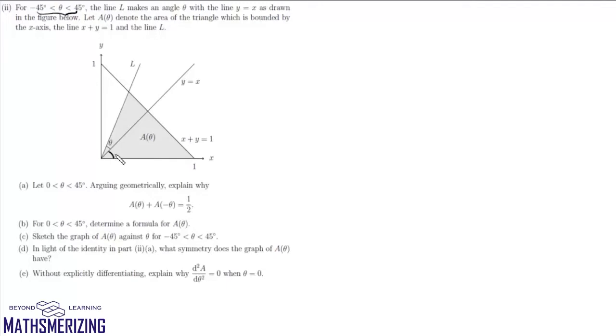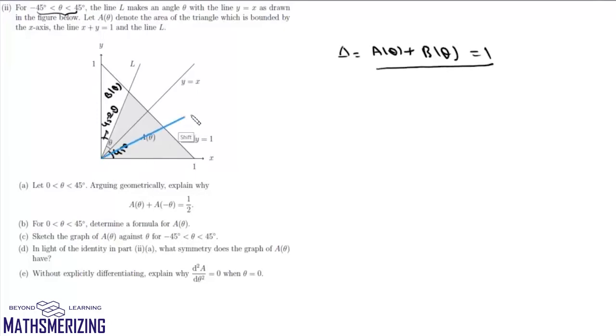Now this angle is 45 and this angle will be 45 minus theta. Now we'll write the area of this triangle. Area of this triangle will be A(theta) plus this area, and this area is suppose B(theta). And the area of this triangle is 1. So from here we can say the value of A(theta) plus B(theta) is 1. Now we'll take minus theta.